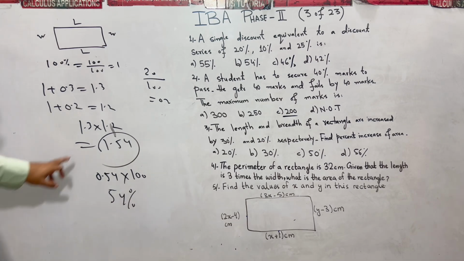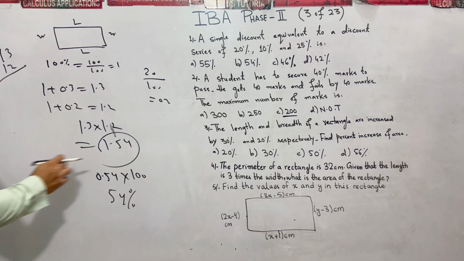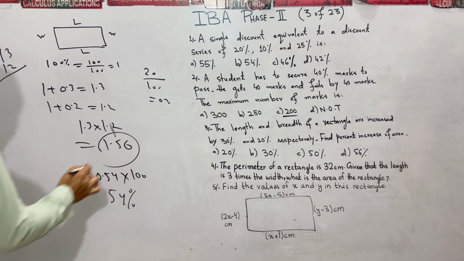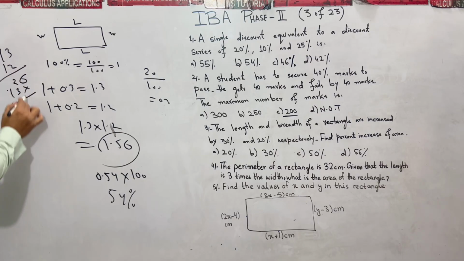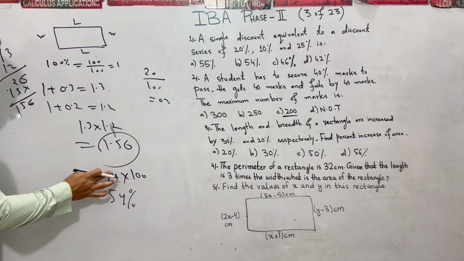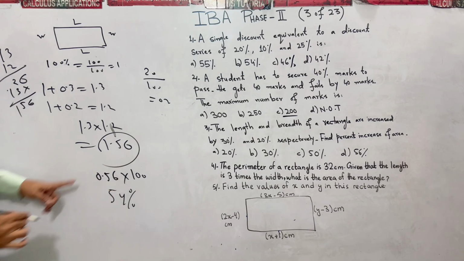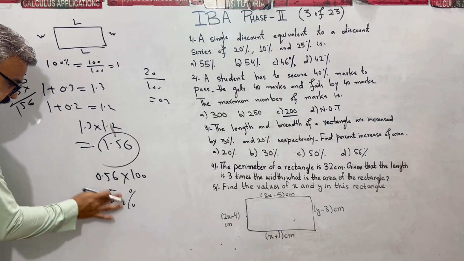Let me check 13 multiplied by 12. 2 threes are 6, 1 two is 2, carry again, 3 ones are 3, 1 one is 1. It is 156. It's right. If we subtract 1 from 1.56, we will get 0.56.